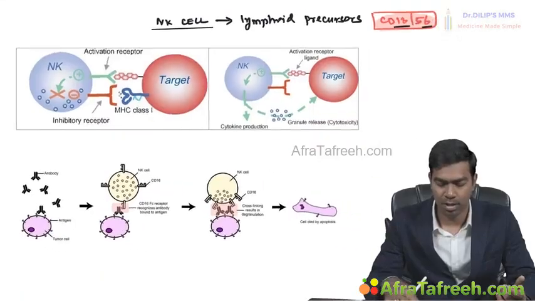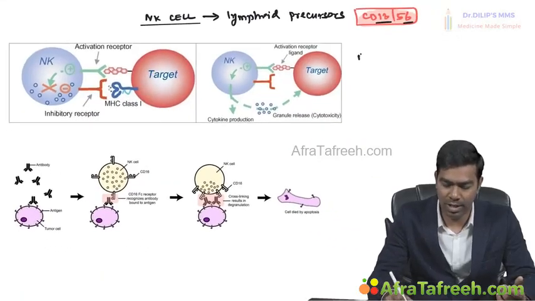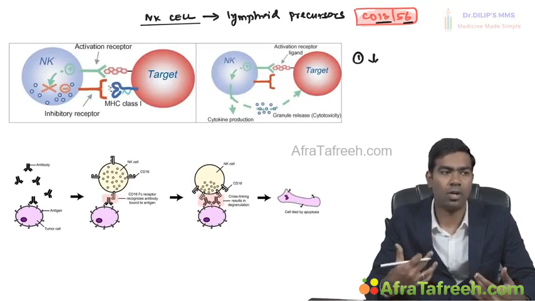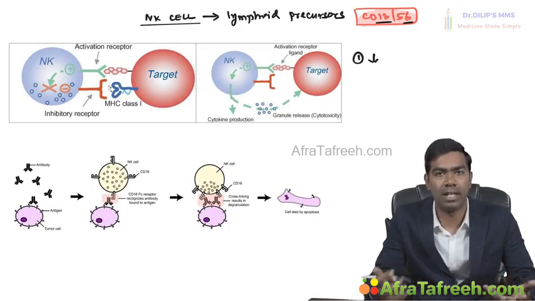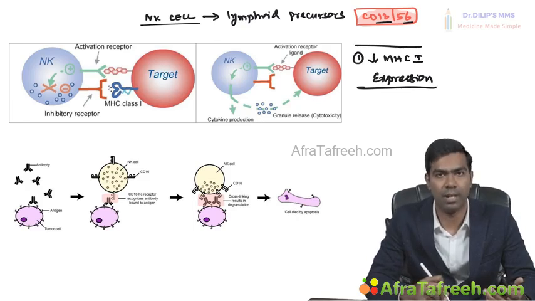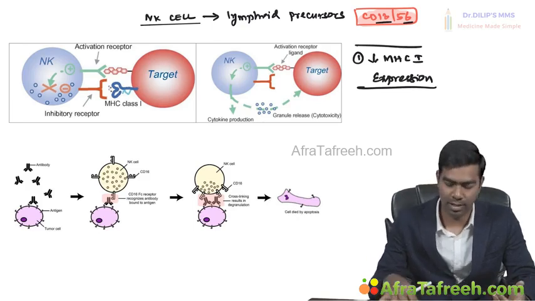At the same time, you also have to know the ways that the cells exhibit their killing mechanism. The first way natural killer cells exhibit their killing mechanism is by detecting cells that have reduced MHC class 1 expression. Whenever a cell has reduced MHC class 1 expression, those cells will be targeted for killing. How they do that, let us see in some time.